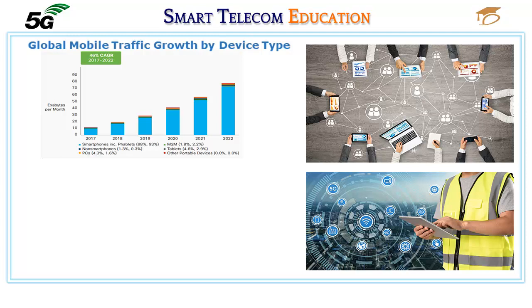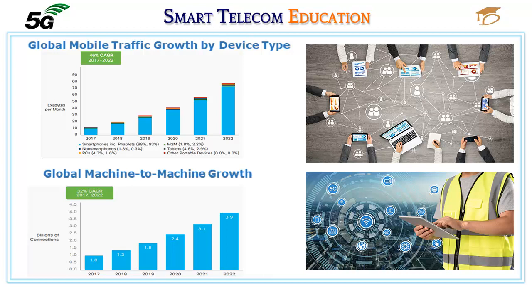As real-time information monitoring helps companies deploy new video-based security systems, while also helping hospitals and healthcare professionals remotely monitor the progress of their patients, bandwidth-intensive M2M connections are becoming more prevalent. Globally, M2M connections will grow from just under a billion in 2017 to 3.9 billion by 2022, a 32% CAGR, a four-fold growth.